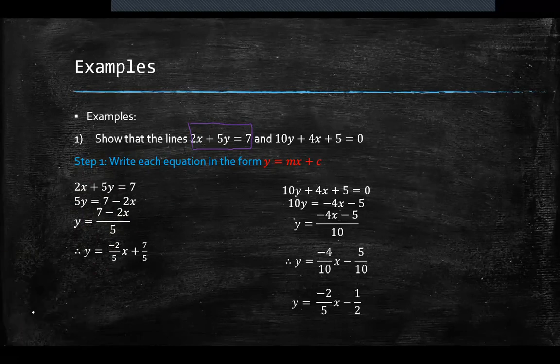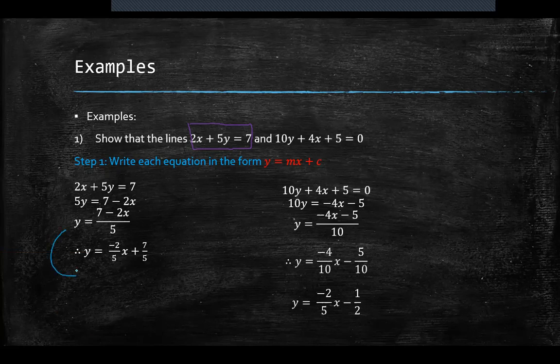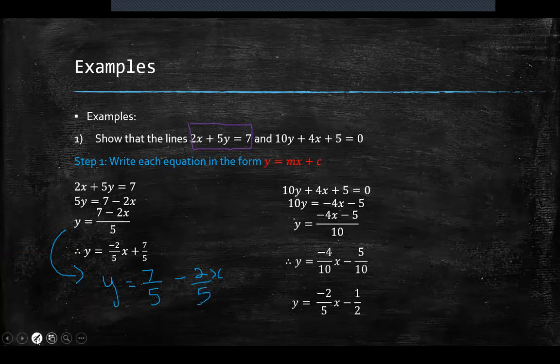Okay. This could be broken up into fractions. So y is equal to 7 minus 2x on 5 could be written as y is equal to 7 on 5 minus 2x on 5. But remember, we want it in the form y is equal to mx plus c.